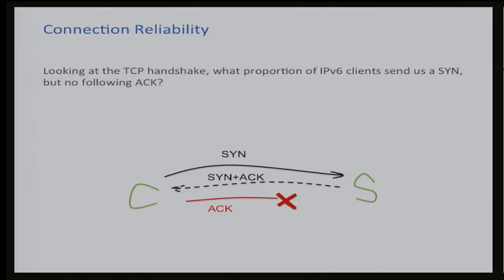But before I look at raw performance, I want to look at connection reliability. If any of you have ever used Teredo or 6to4, you will have realized that sometimes the packets just don't make it. It's not obvious how they don't make it, but the symptom is pretty easy. At the server side, you send me the opening SYN of a TCP.